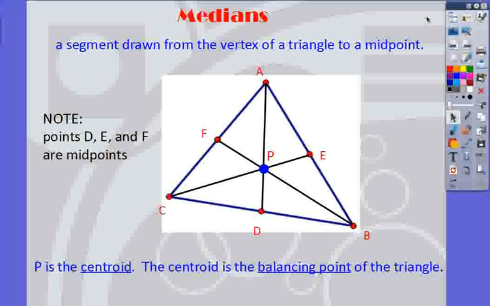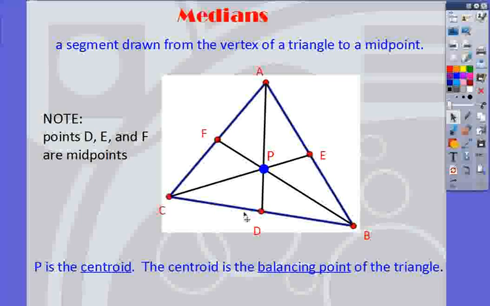Next, we have the medians. A median is a segment drawn from the vertex of a triangle to a midpoint. So you'll notice that points D, E, and F are all examples of midpoints. An example of a median would be A, D. A is the vertex, and D is the midpoint.